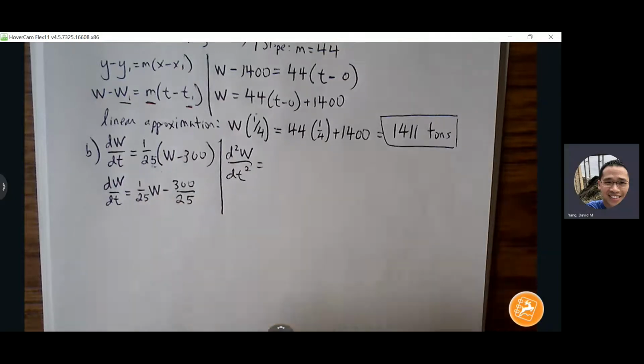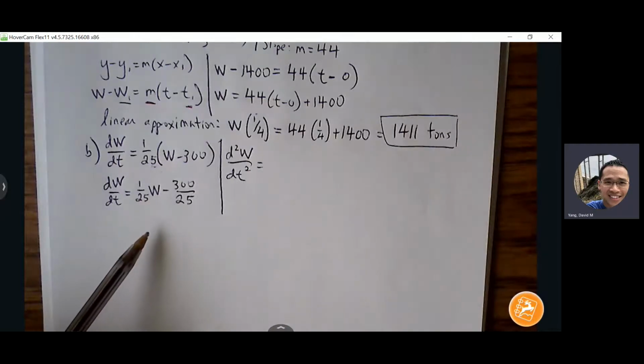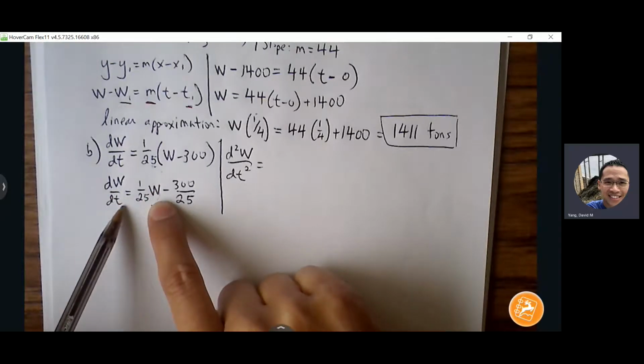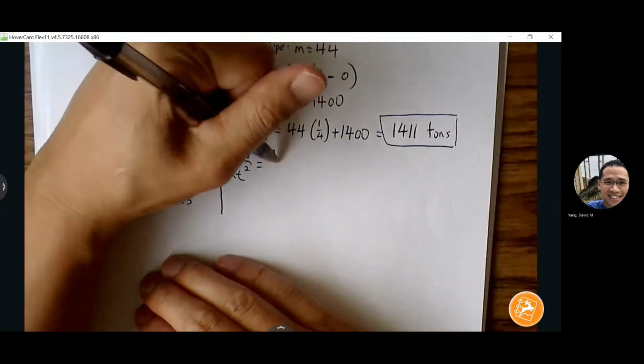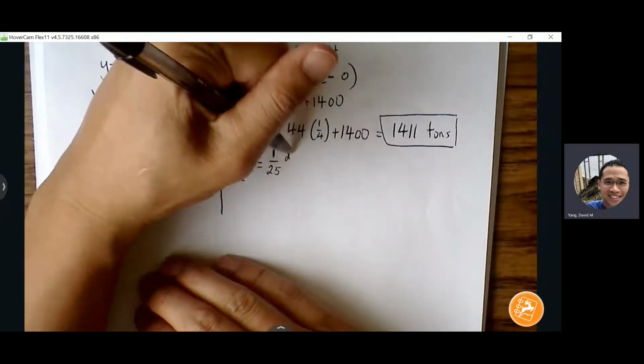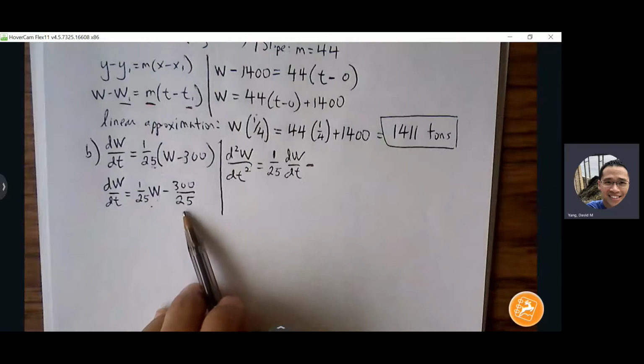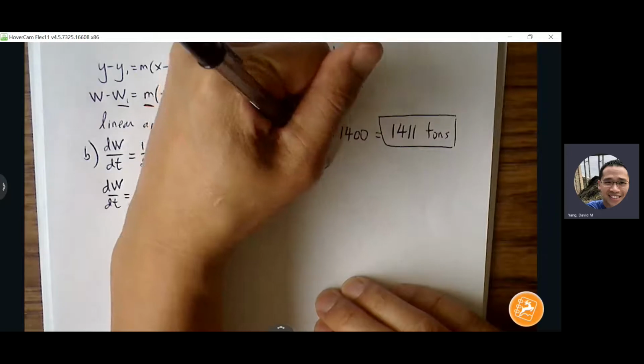Yeah, dw/dt, right? w becomes 1 because that's w to the first power, but then we attach a dw/dt since this variable is impacted by time. And what does 300 over 25 turn into? Just 0, right? It's a constant, so it will just drop out to be 0.